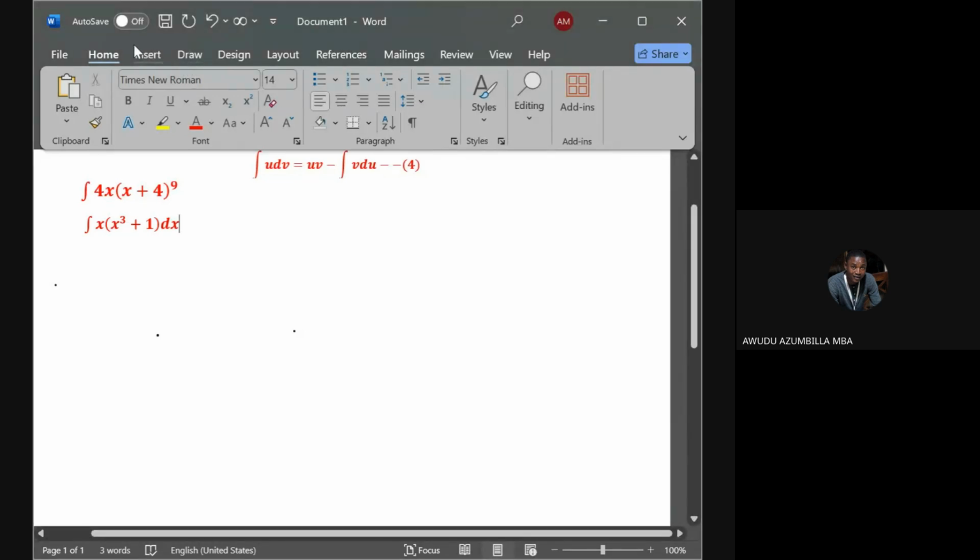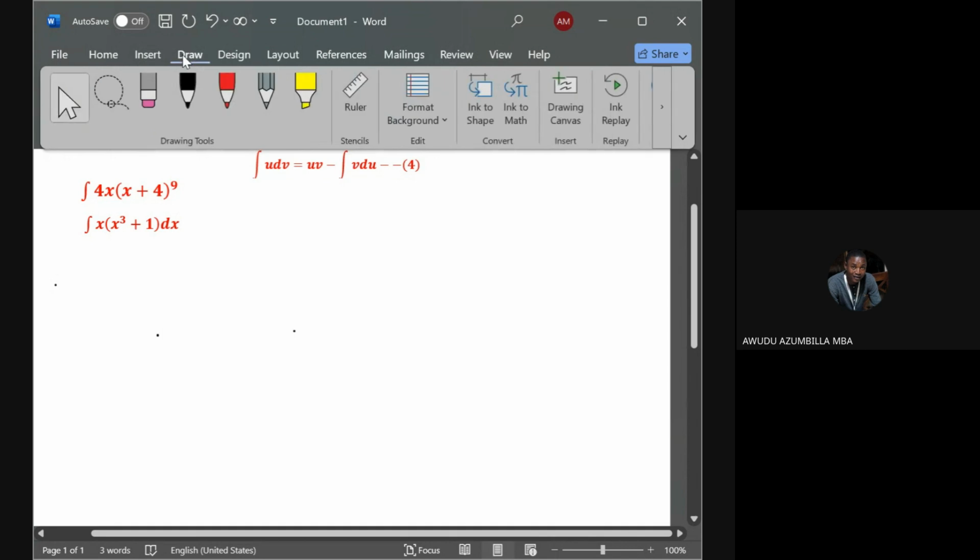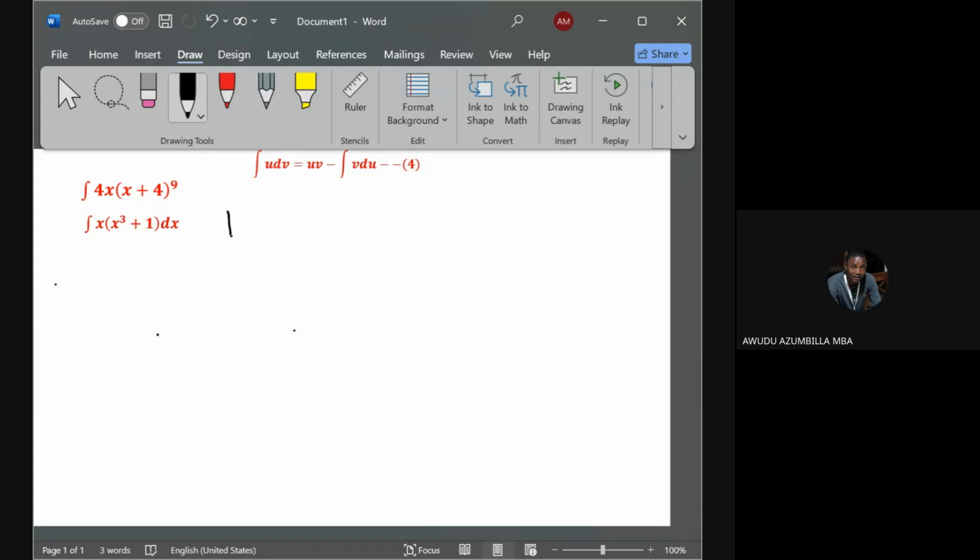With this one, we are going to let u equal x, so that we can differentiate du with respect to x. Then we get 1.